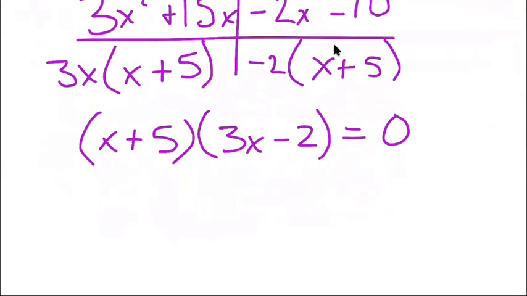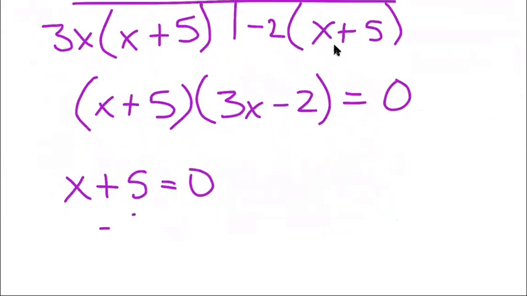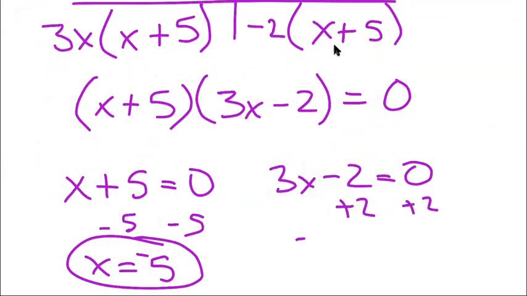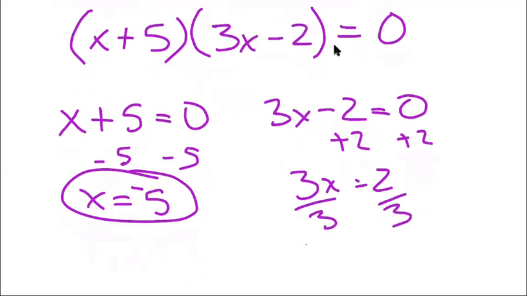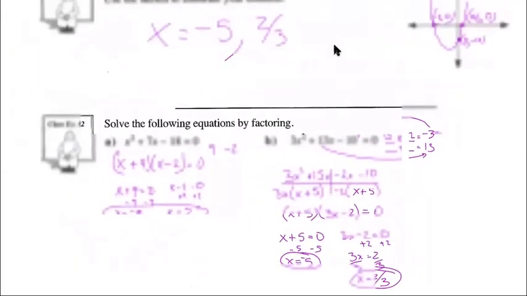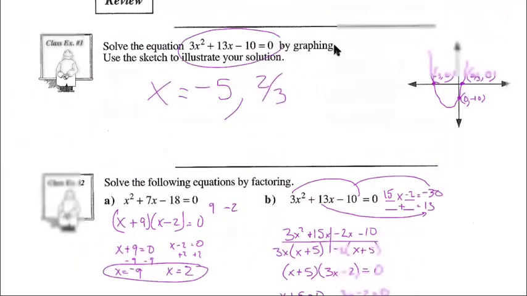Using my zero product law, x plus 5 equals 0, minus 5, x equals -5. There's one. 3x minus 2 equals 0. Add 2, 3x is equal to 2. Divide by 3, x is equal to 2 over 3. So that's what we had found previously from our graph. So you can see that these are the same polynomials.